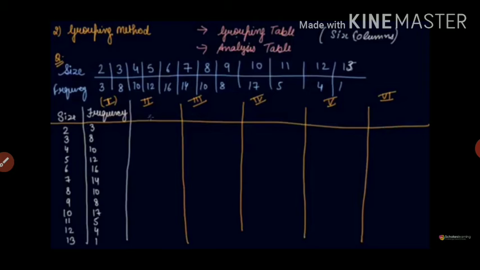In the second column, you add the first plus second frequency, which is 3 plus 8 equal to 11. Then you add the other two frequencies, that is 10 plus 12, you have 22.